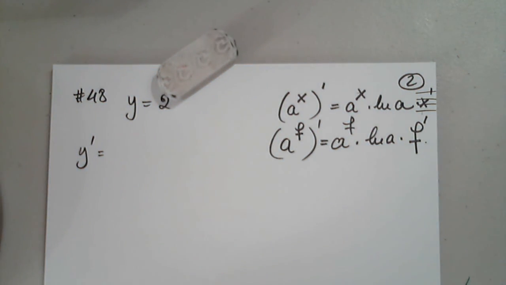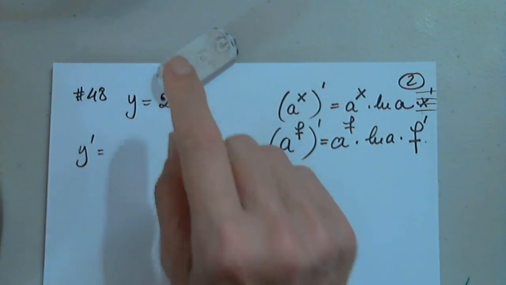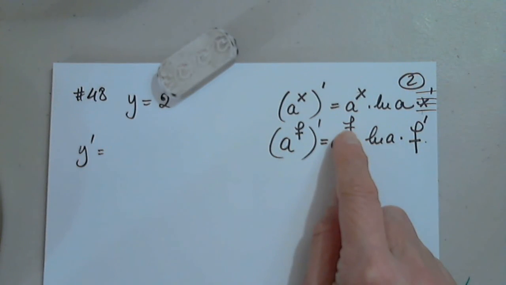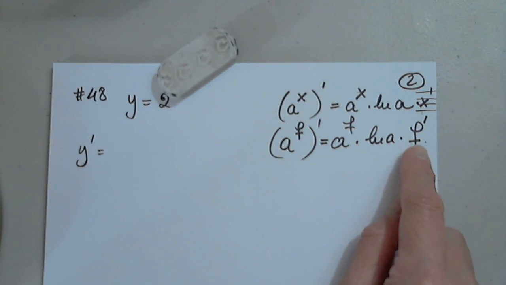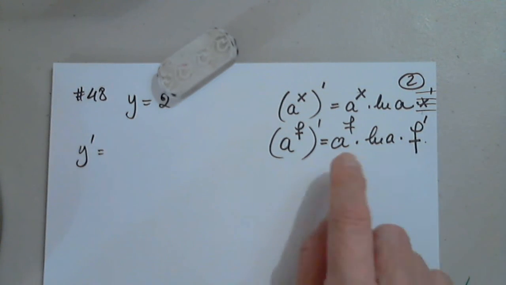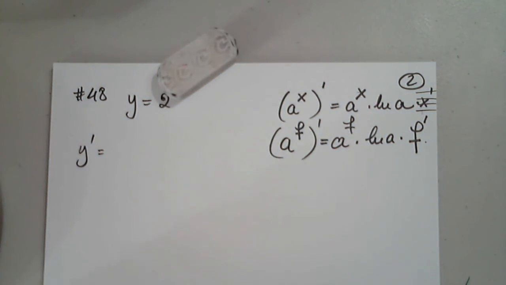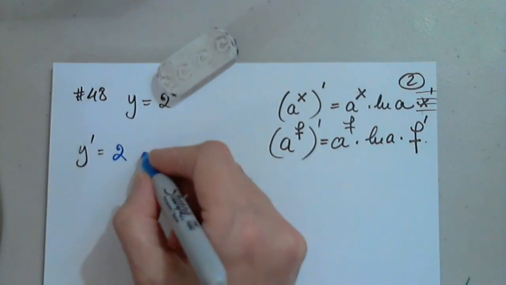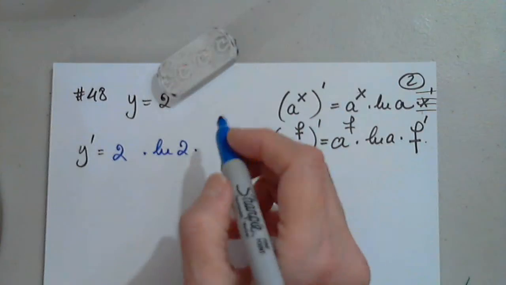Again, cover it so we can talk about it. So 2 to a function prime is 2 to that function times natural log 2 times the function prime. This is exactly what I'm going to write first. So 2 to whatever, times natural log 2 times that prime.